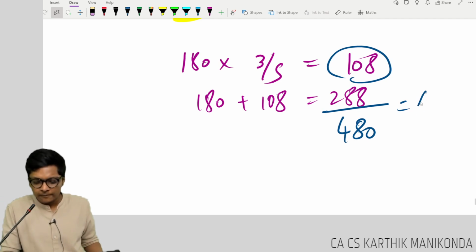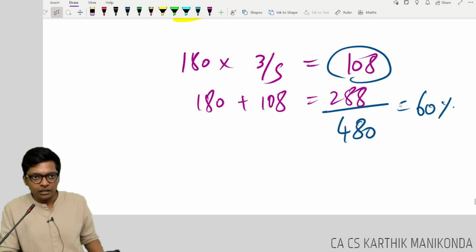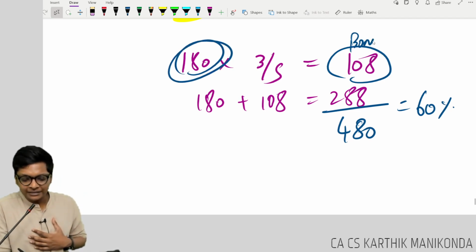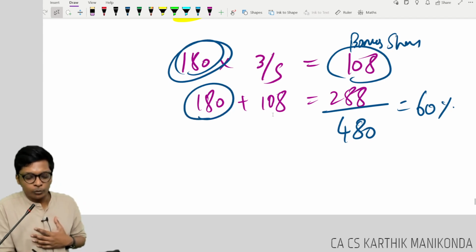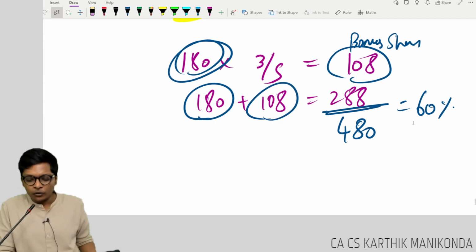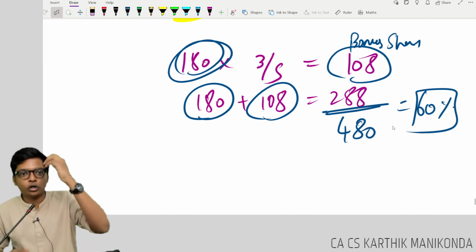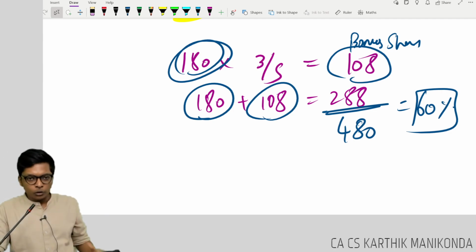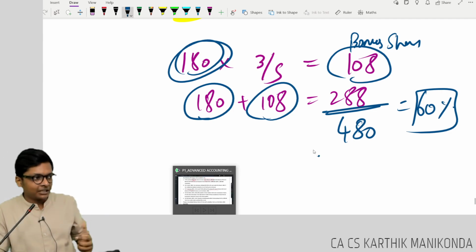Percentage, correctly 60 is coming up. That's it. Are you following, guys? See, before bonus, 108 is bonus shares. So after bonus is 180, before bonus plus 108. After bonus 288 divided by 480, 60% is the correct. How many of you got 60%? Good job. Others, you would have missed out on the bonus, so would have been struggling.